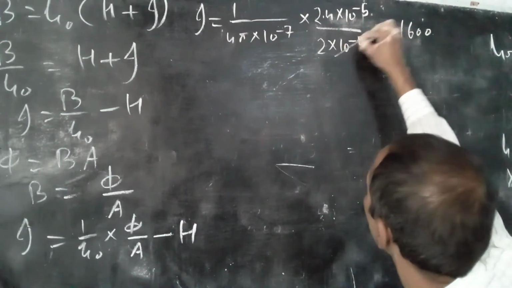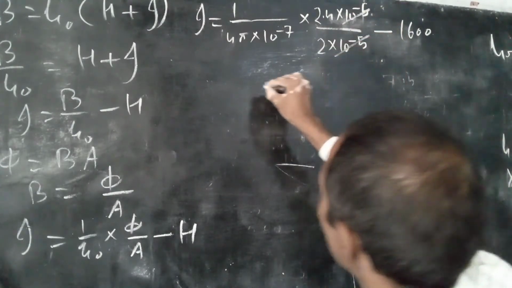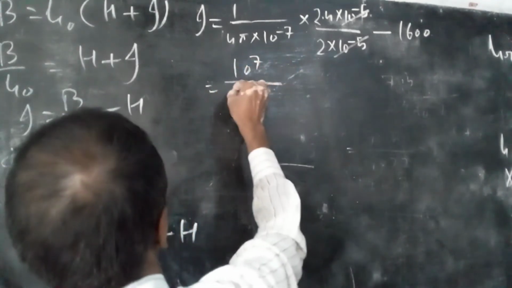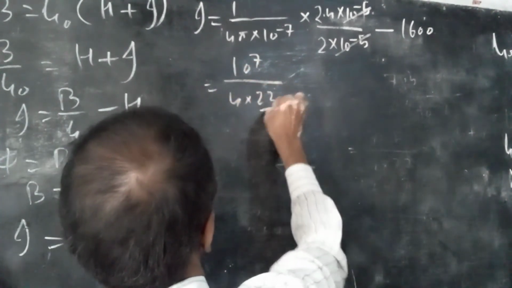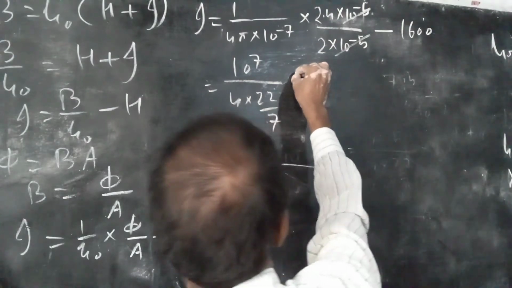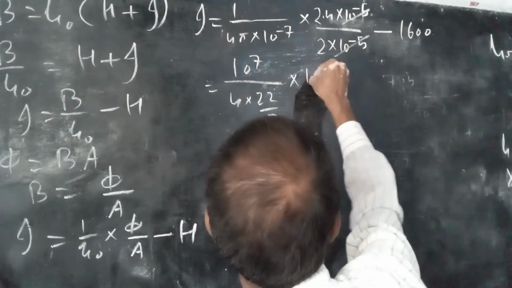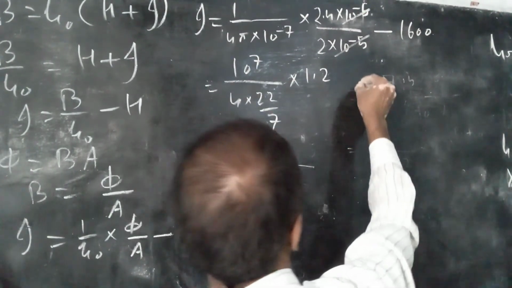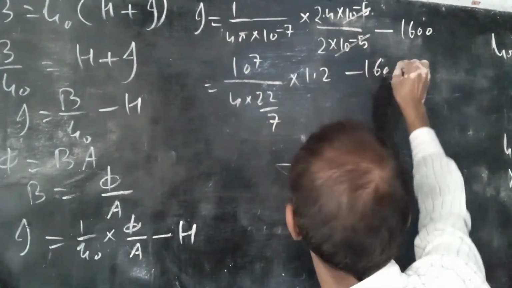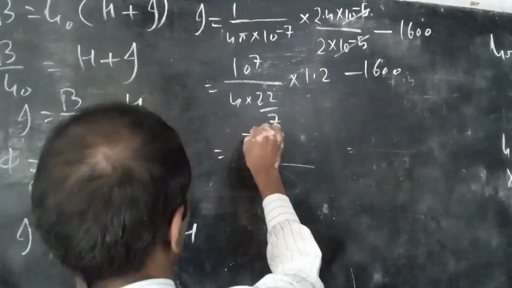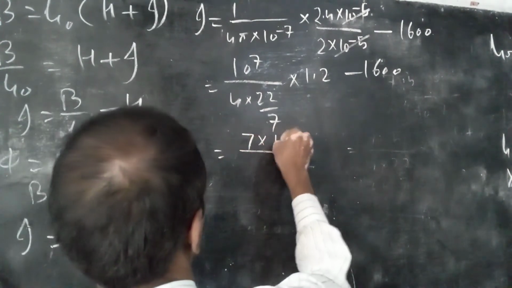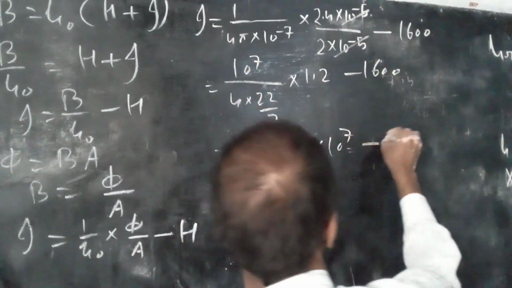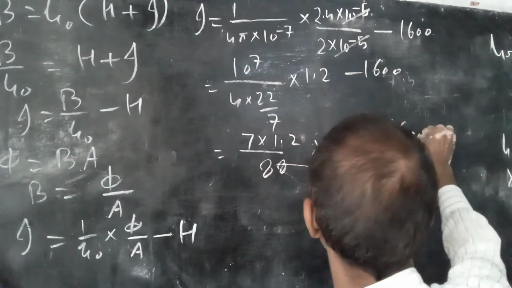So 10 raised power minus 5 cancels with 10 raised power minus 5, so you get 10 raised power 7 upon 4 into 22 by 7 and into 1.2, since 2.4 divided by 2 is equal to 1.2. Minus 1600. So you get 7 into 1.2, 88 into 10 raised power 7 minus 1600.